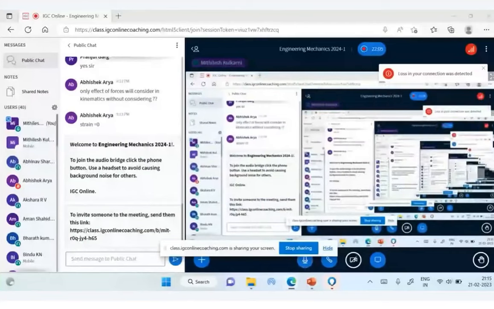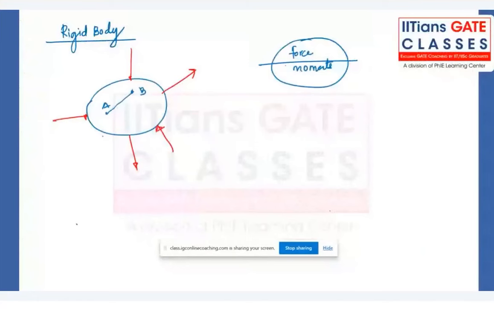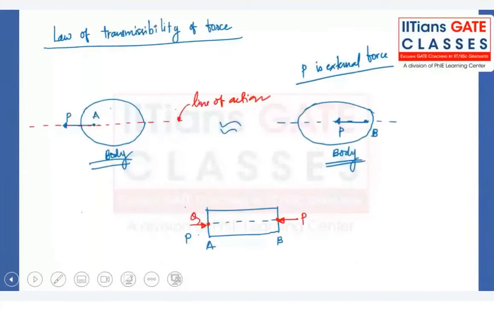Another point is, we'll study some laws now. Some basic laws in order to study this subject, such as Newton's laws, and we also study a couple of laws which are related to the force system.